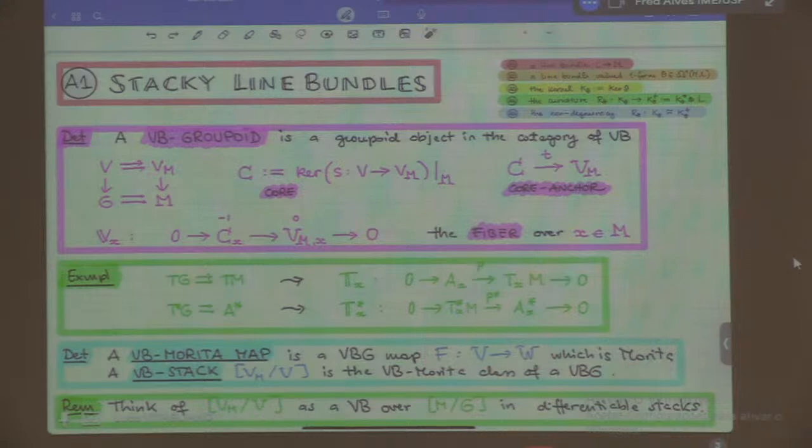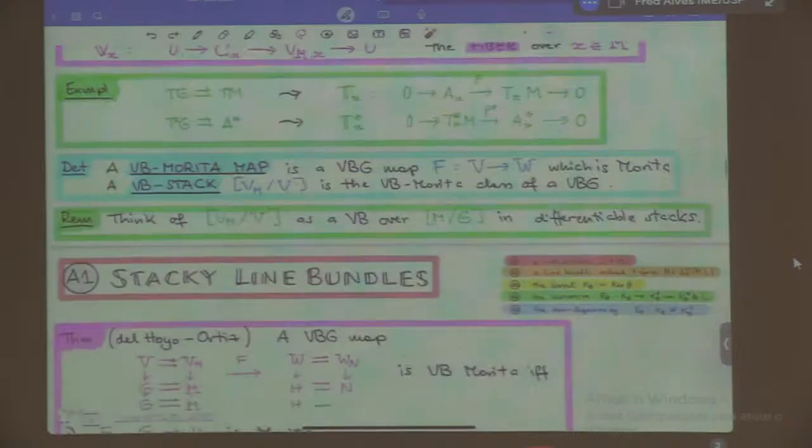They generate an equivalence relation, and an equivalence class is called a VB stack. And actually, you should think of a VB stack as a vector bundle over the stack represented by the base groupoid. So as long as we want to work with stacky vector bundles, we will actually work with VB stacks in this talk. Okay?